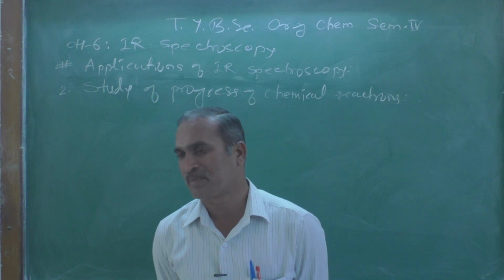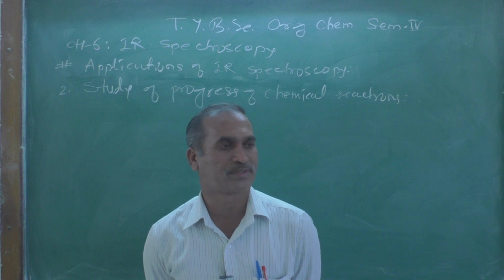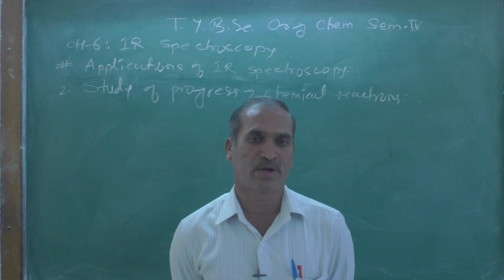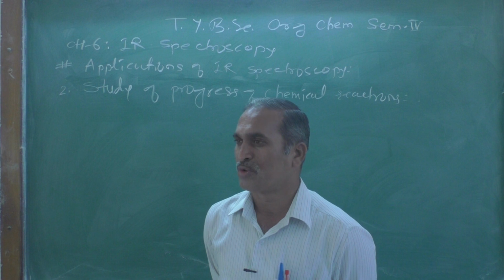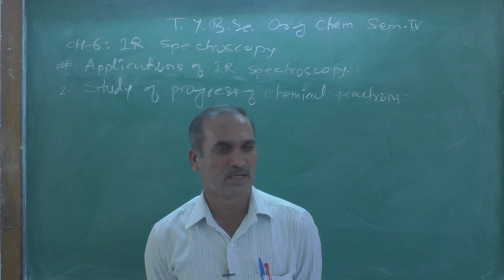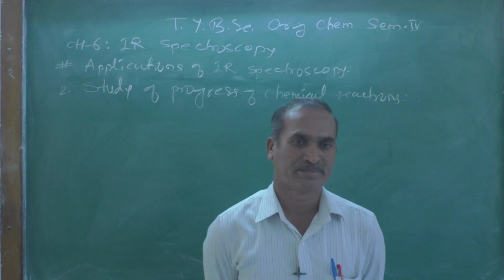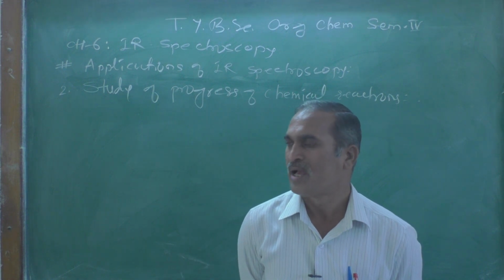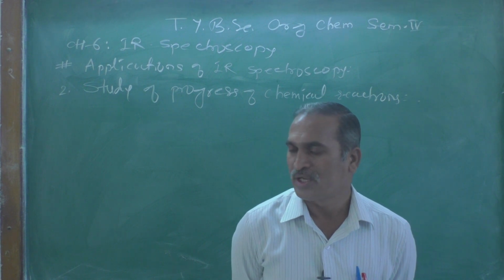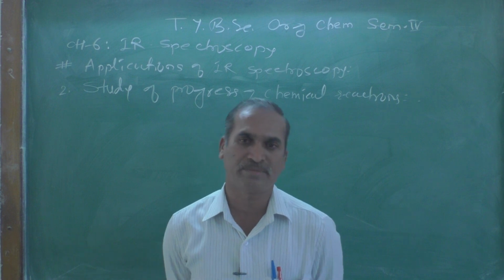So that type of hydrogen bonding is referred to as intramolecular hydrogen bonding. How do you distinguish whether the given molecule has intermolecular hydrogen bonding or intramolecular hydrogen bonding?